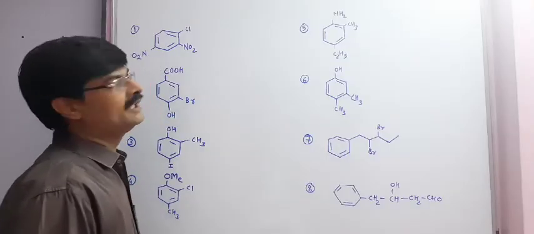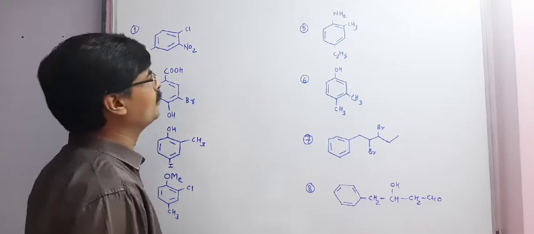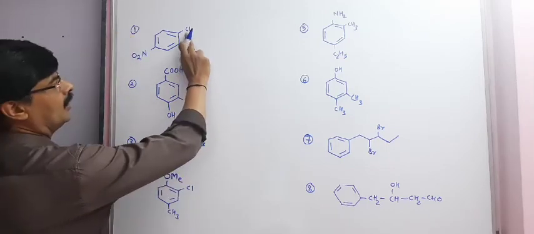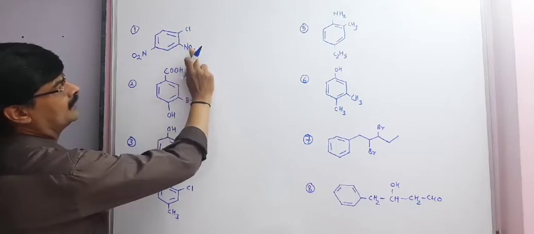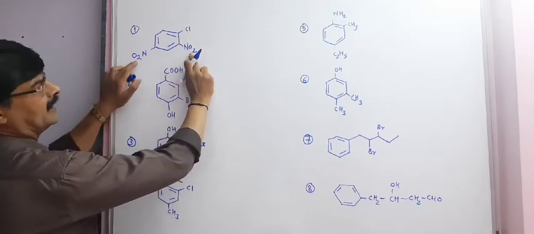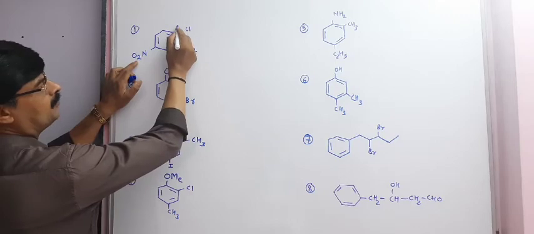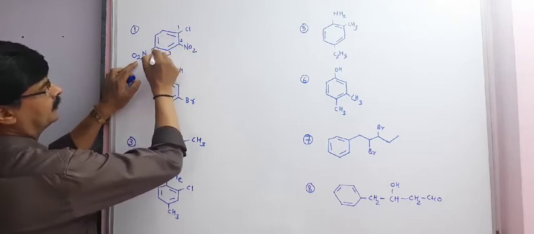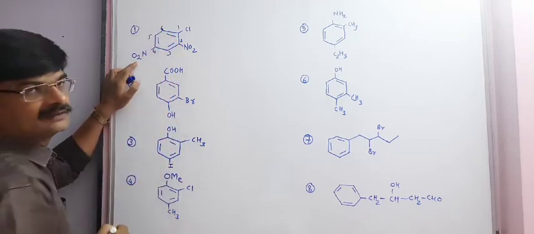Now we will study IUPAC nomenclature of aromatic compounds. The first compound has a chlorine group, a nitro group and again a nitro group. So giving number 1 here to chlorine, then 2, 3, 4, 5 and 6.